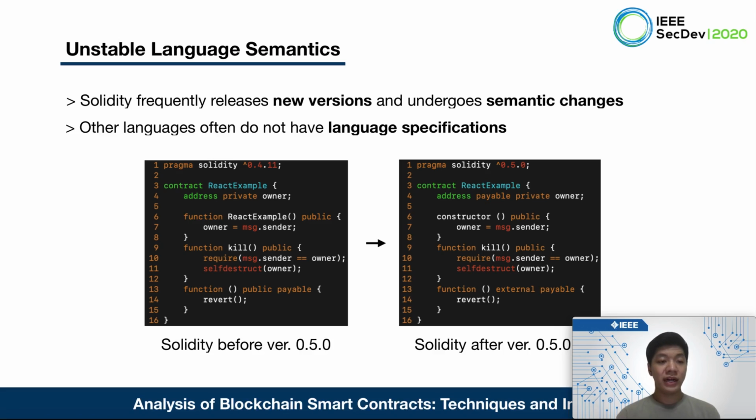At line 4, the address type was divided further into the address type and the address payable type, depending on whether the address can receive money transfers or not. At line 6, the constructor keyword was first introduced, and at line 13, the visibility of the fallback function was changed to external. Languages other than Solidity often do not even have language specifications.